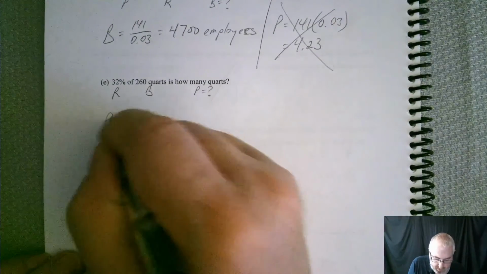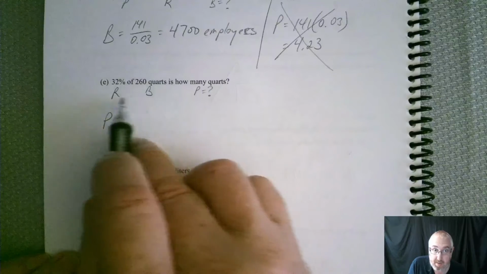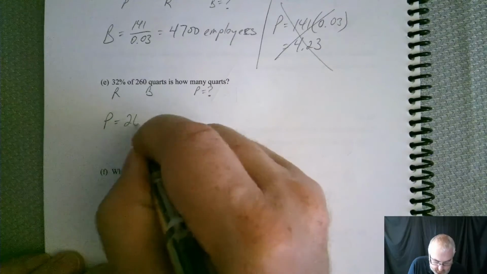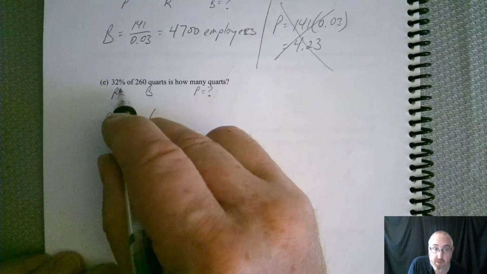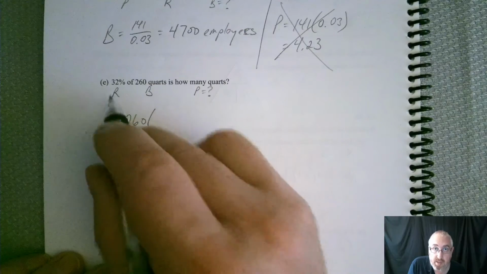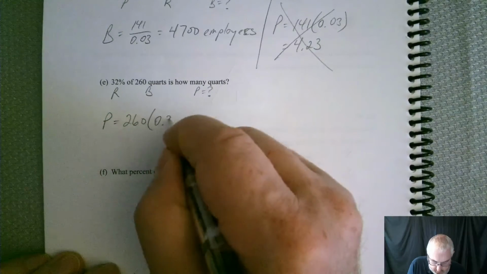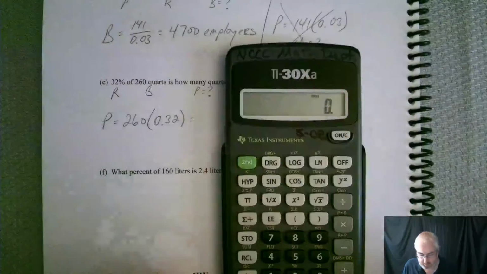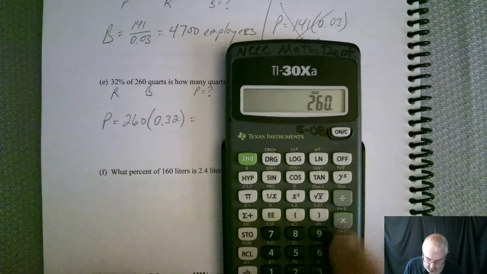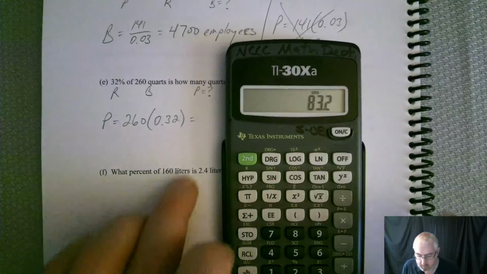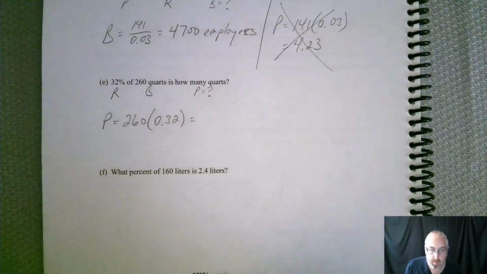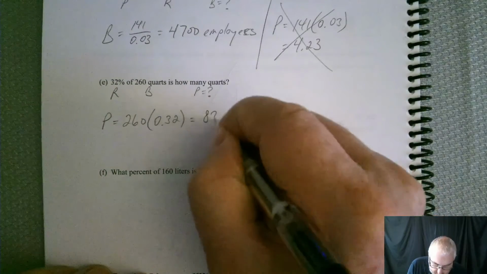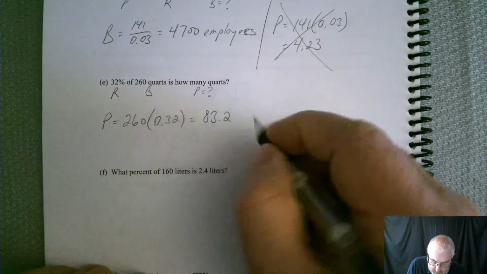So P is equal to B times R. So 260 times, change that to a decimal, 2 places to the left, 0.32. So let's see what that is. 260 times 0.32 equals 83.2. So we got 83.2, and the units are quarts.